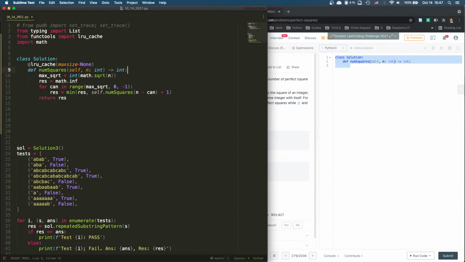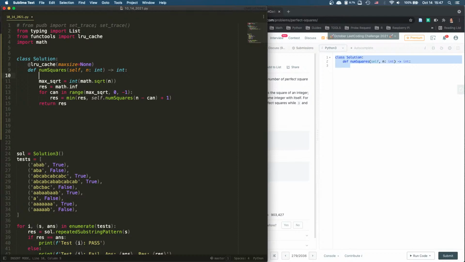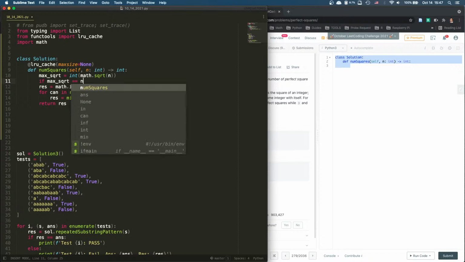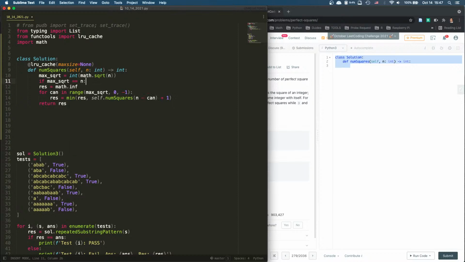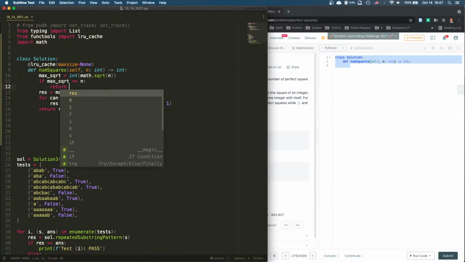But as a special case, we say if max square root is equal to n, right? If it's equal to n, then we're going to return 1.